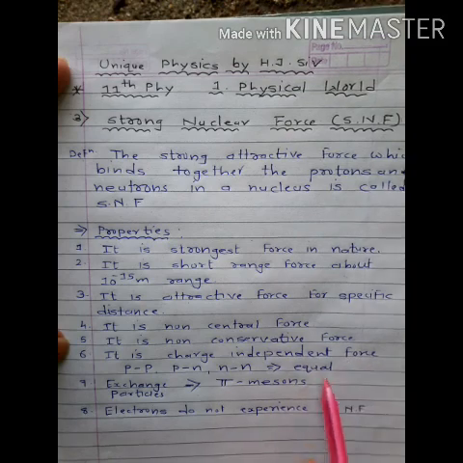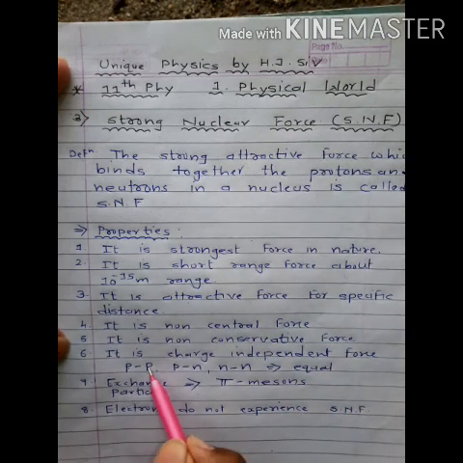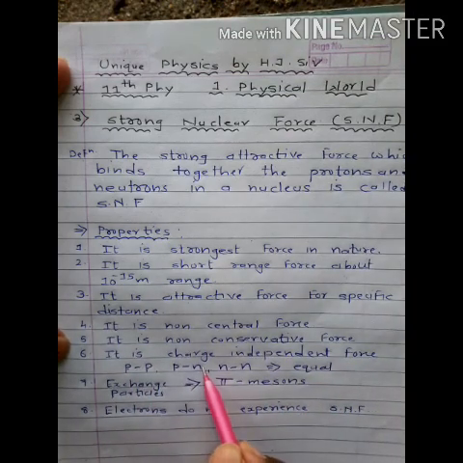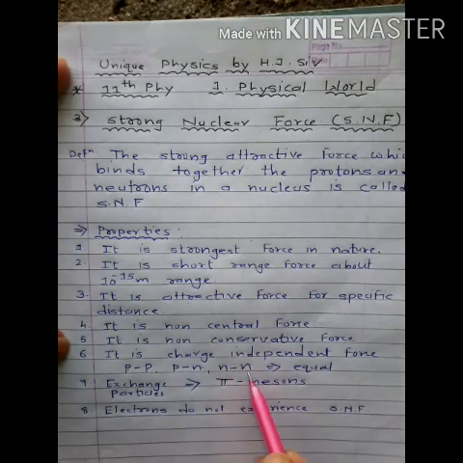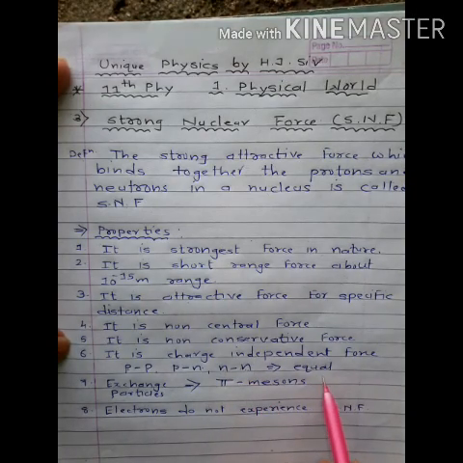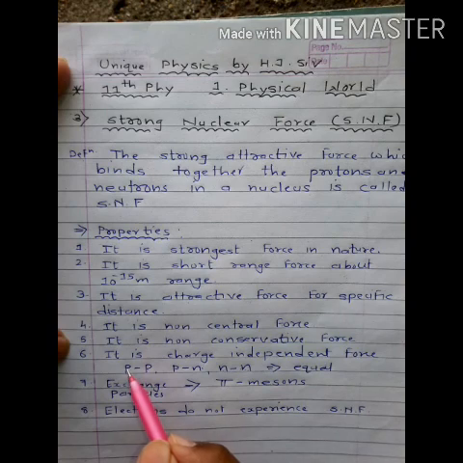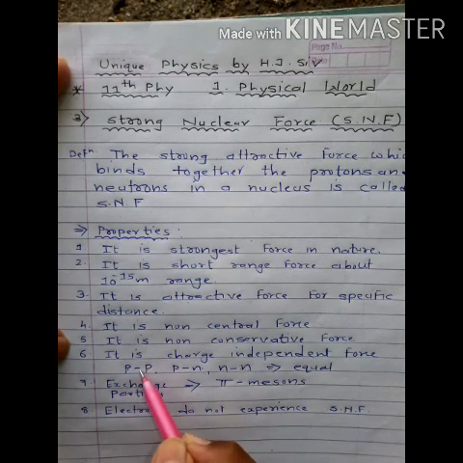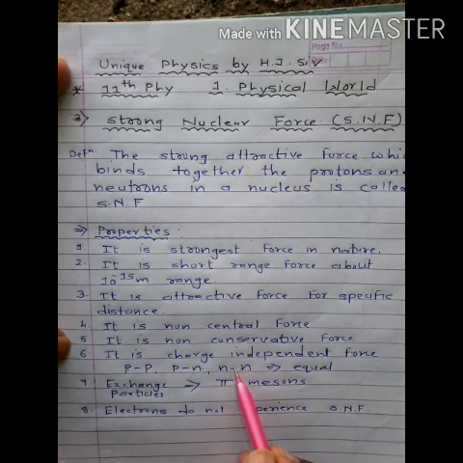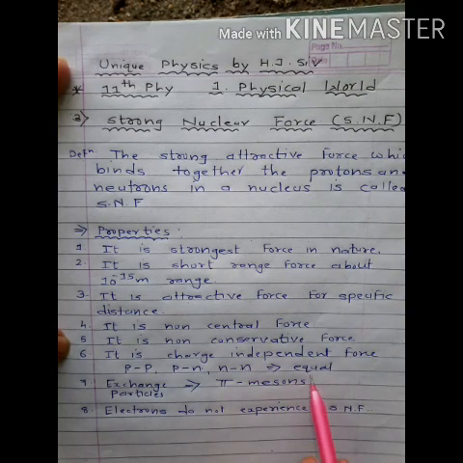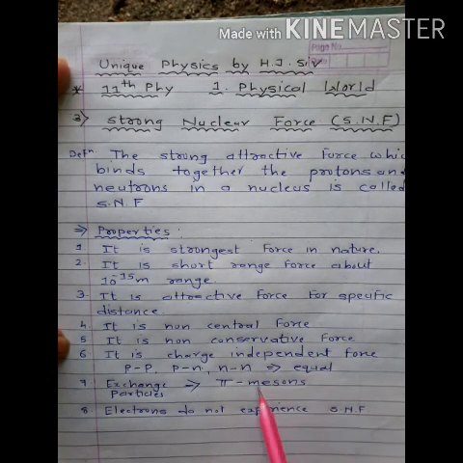Charge independent force means the force between proton and proton, the force between proton and neutron, and the force between neutron and neutron are equal. Clear? We know that proton is a positively charged particle, neutron is a neutral particle, but the force is independent of the charge of the particle.